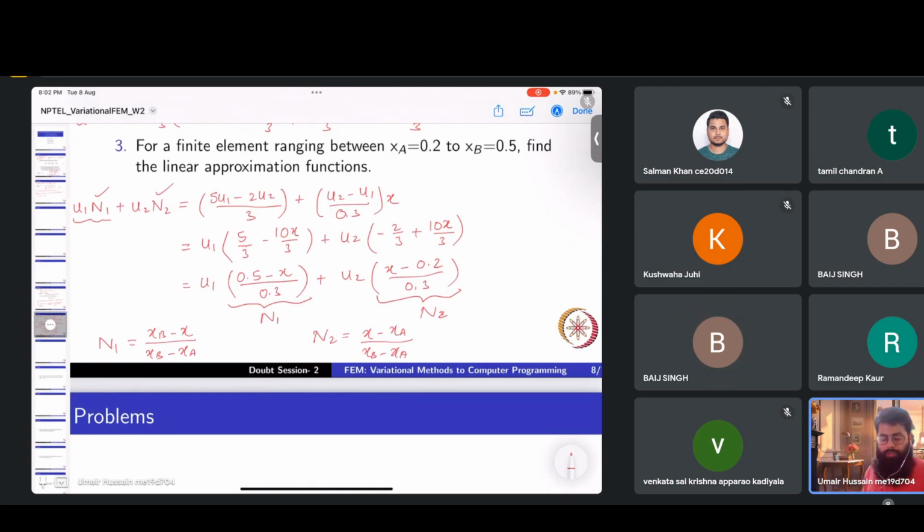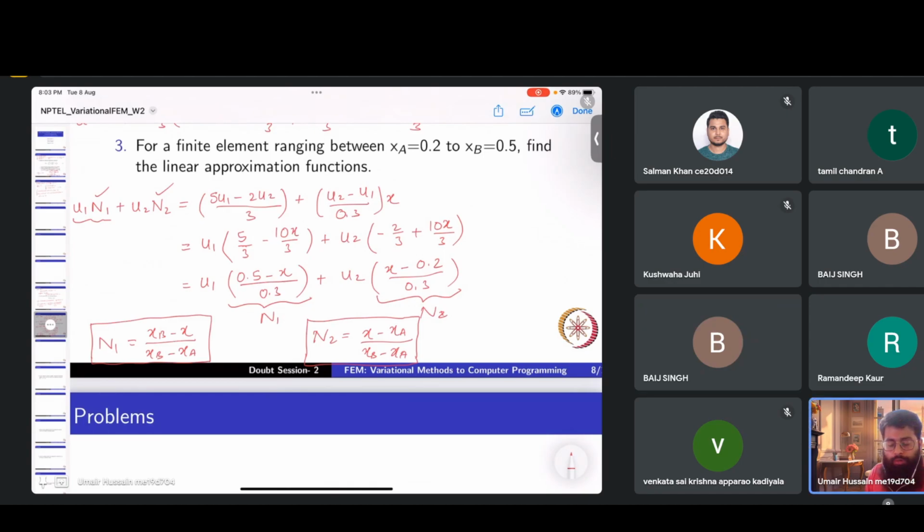If we had done this instead of writing 0.5 and 0.2, we would have got this general formula. This is the approximation function for 1D linear elements.